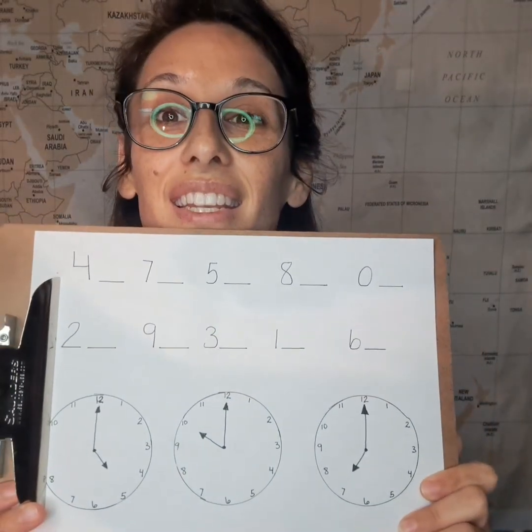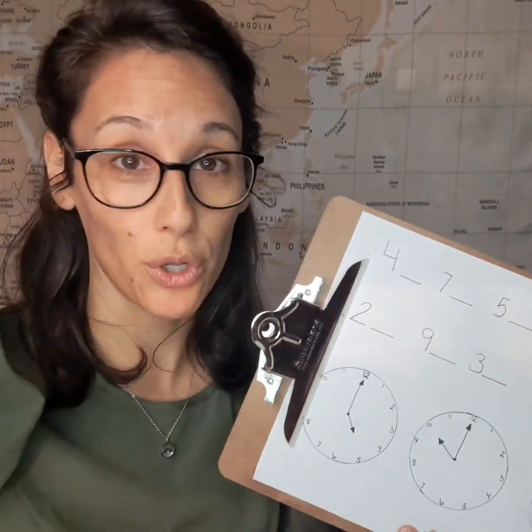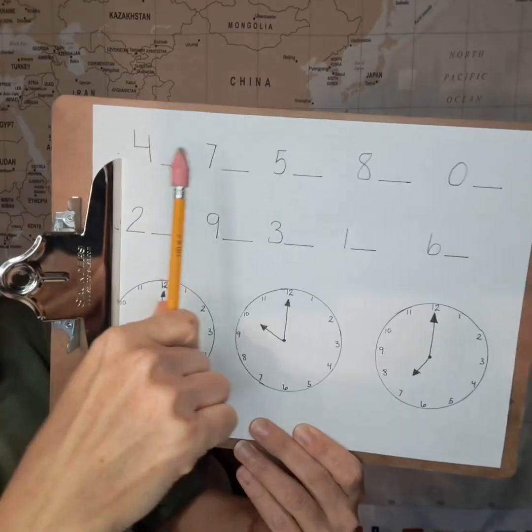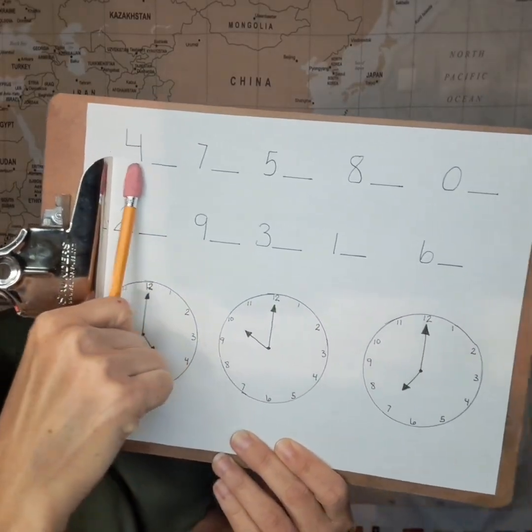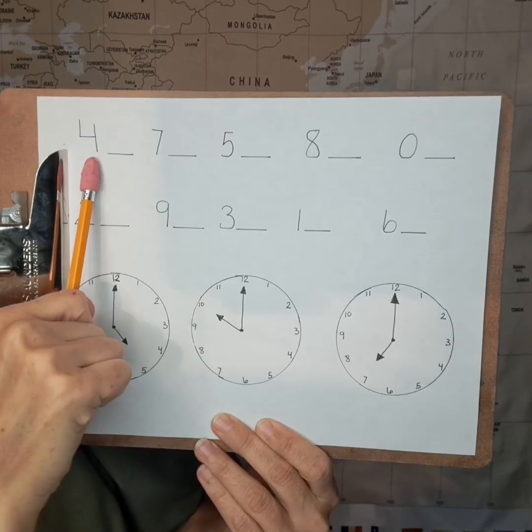Okay, now I'm going to show you this. Do you remember how to tell time? I taught you the other day. Let's see. Let me widen this screen a little bit so you can see more. Oh, I don't know how, unfortunately. Bear with me. Okay, what number is this? This is number 4.